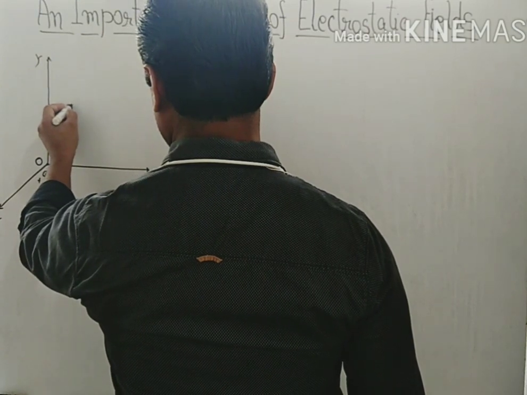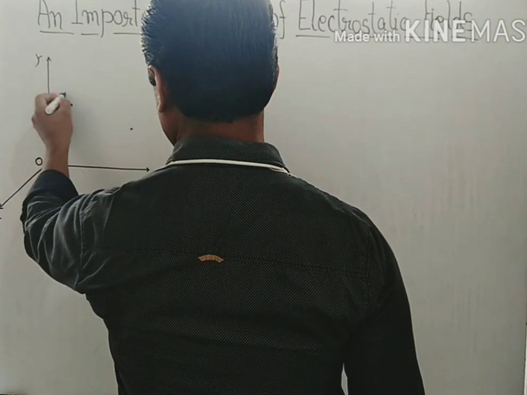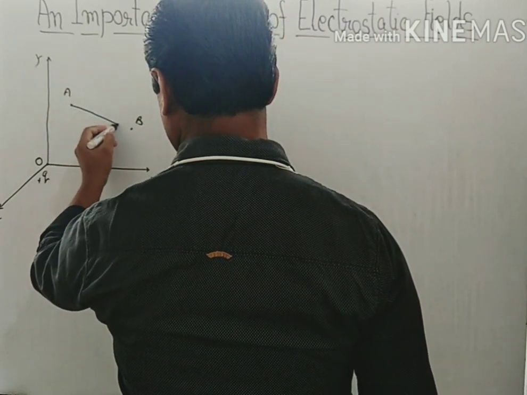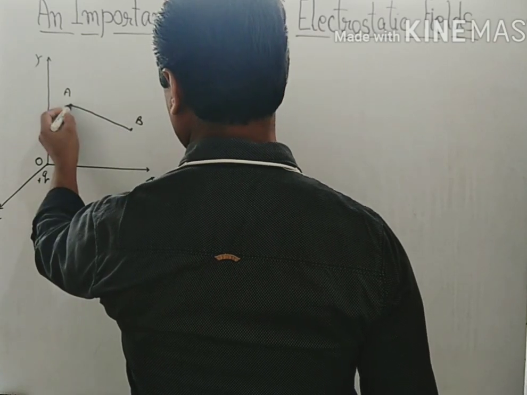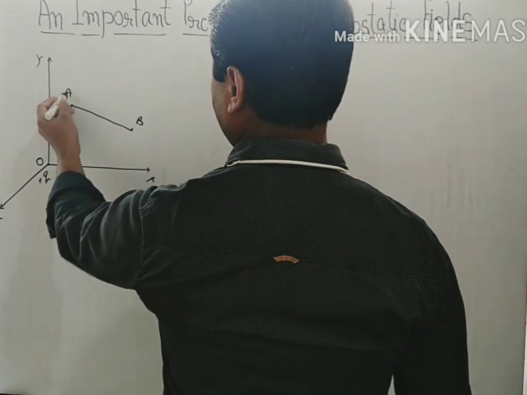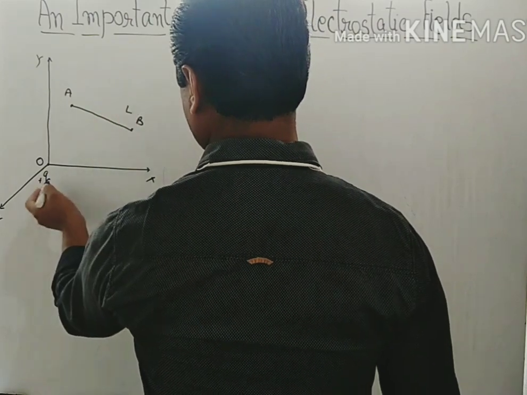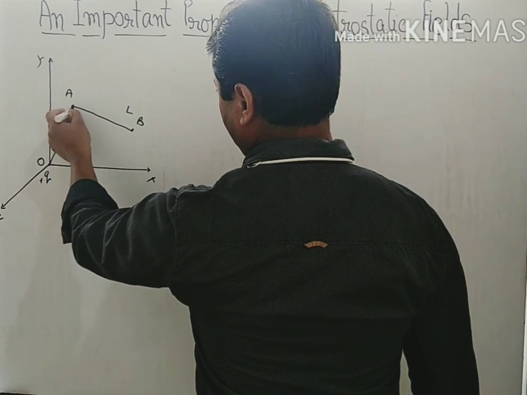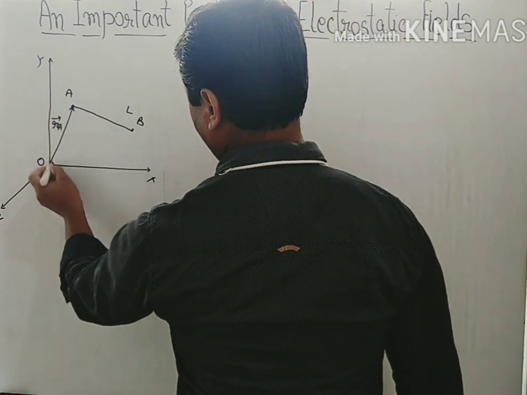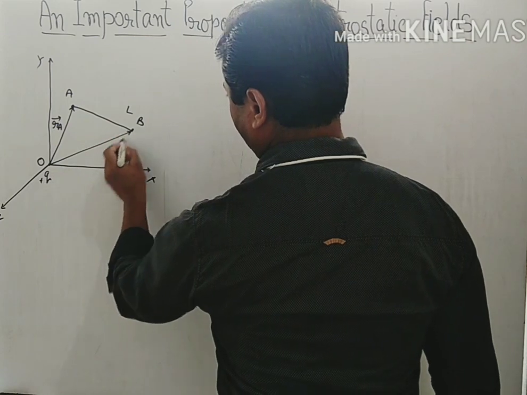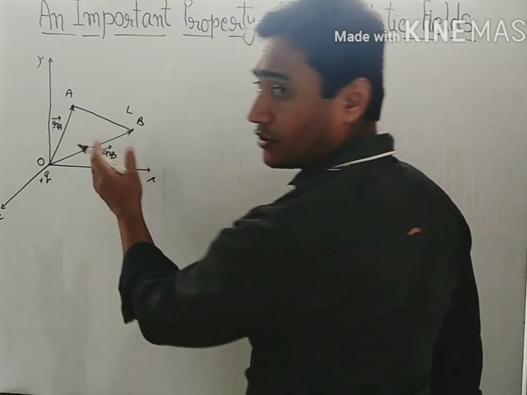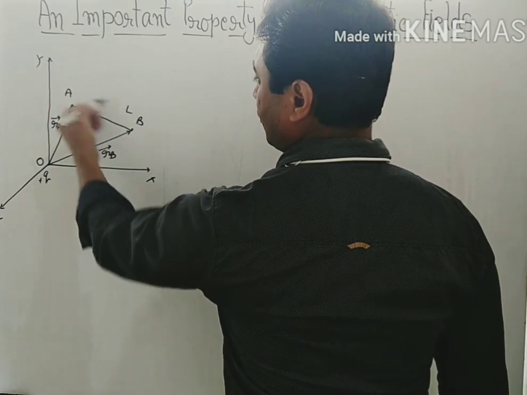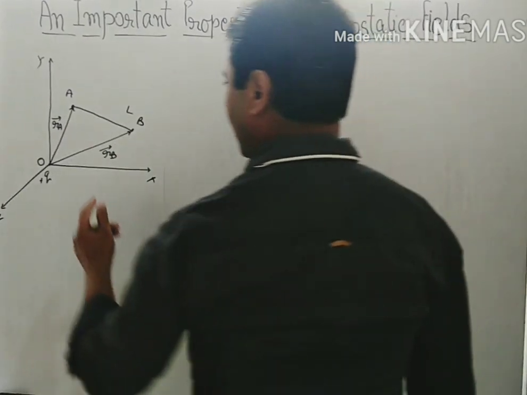Suppose we have 2 points here as A and B, and take any arbitrary path joining these two endpoints A and B as L. Suppose the position vectors of these points A and B are R_A and R_B. These are position vectors, and this is the arbitrary path chosen, L, between these 2 points joining A and B.